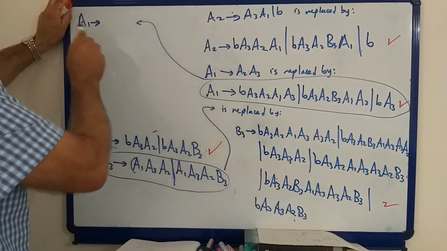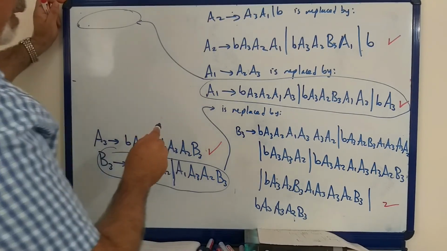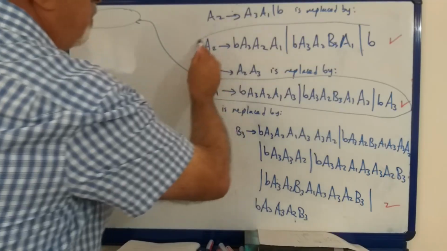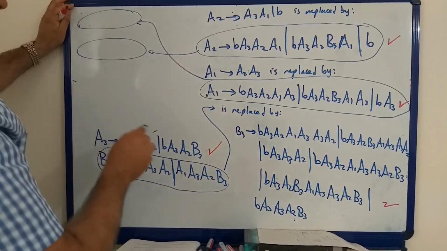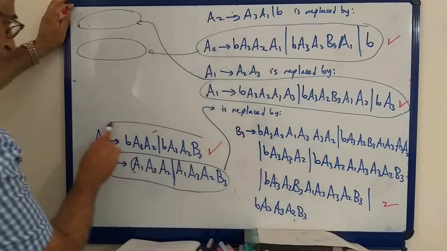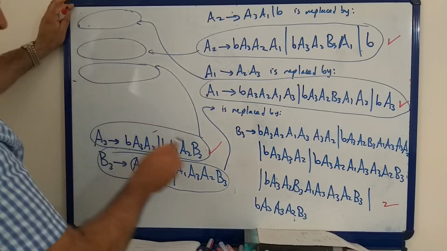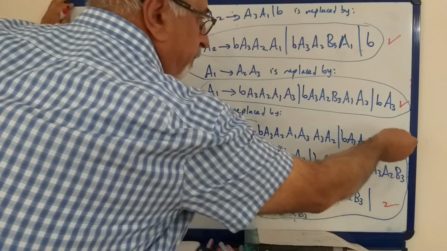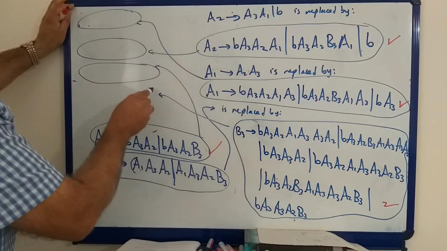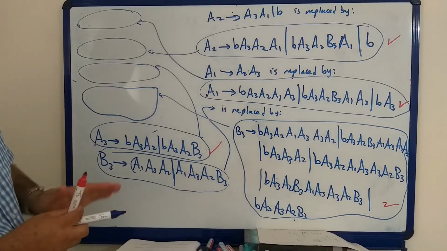Put them here. This is A1. Then A2. Take these productions, put them here. A1, A2, A3. Take these productions, put them here. Write them in your notes.